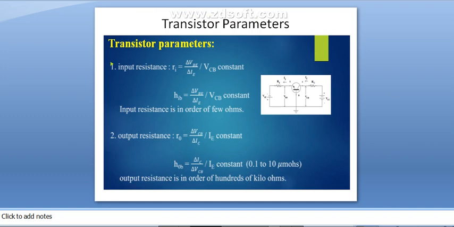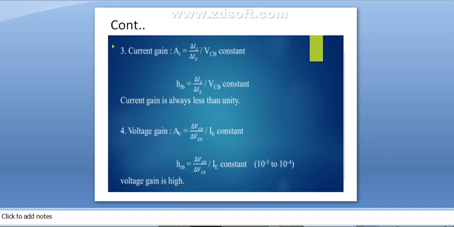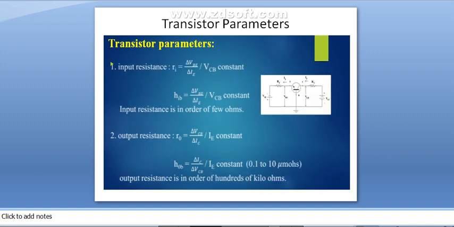See here, these are the transistor parameters. We have different parameters. First one is input resistance, then output resistance, current gain and voltage gain. So how to define input resistance? It's the ratio of change in input voltage to change in input current at constant output voltage. Input resistance is in the order of few ohms.